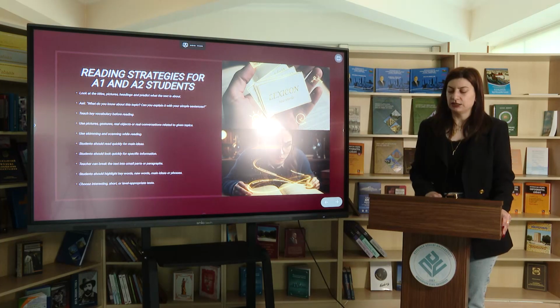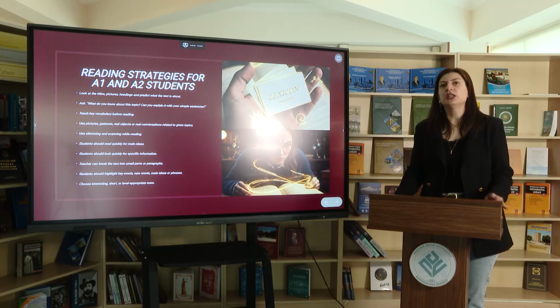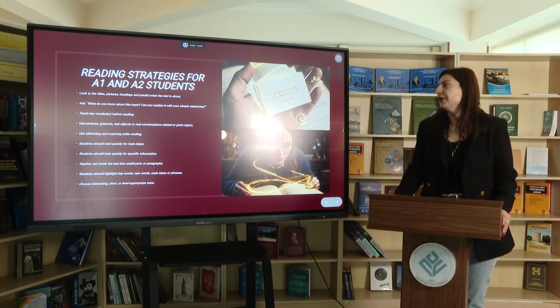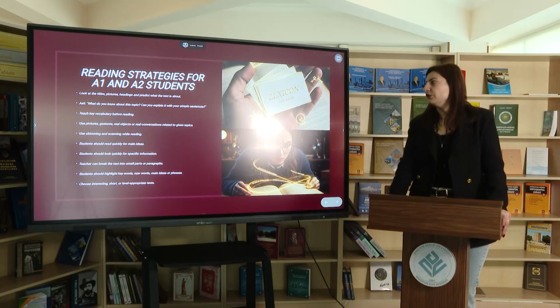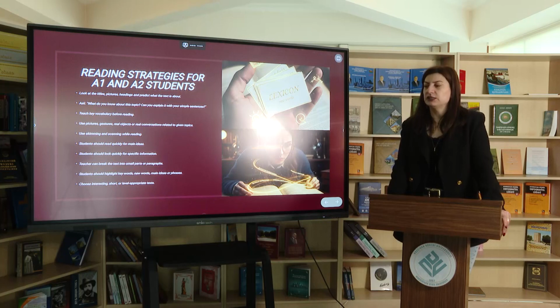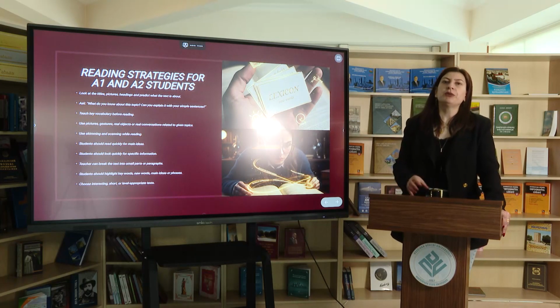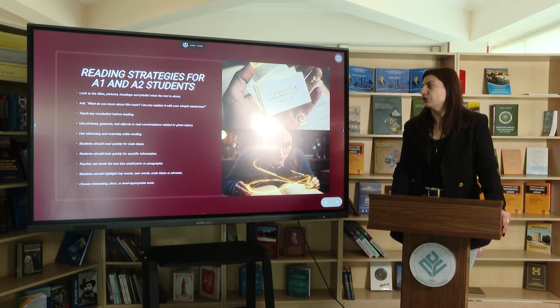And we can use skimming and scanning while reading, and it will help them in their future life as well. It will help them understand the meaning quickly and easily. Students should read quickly for main ideas, and they will understand the main idea of the text as well.